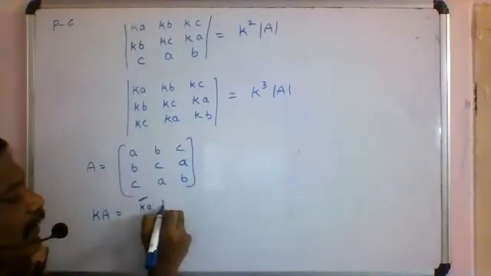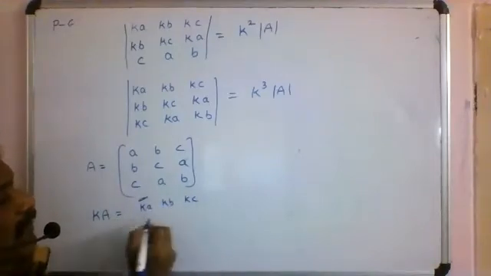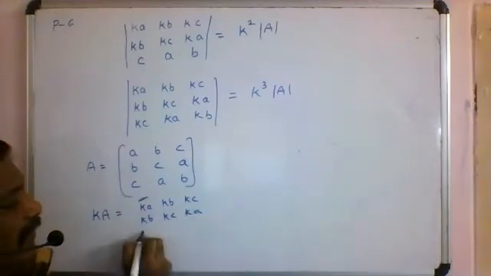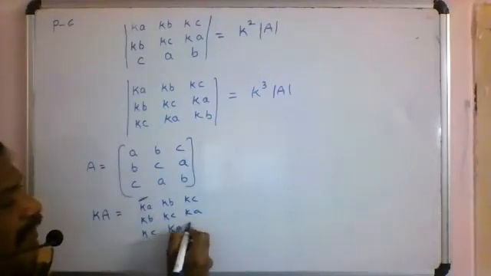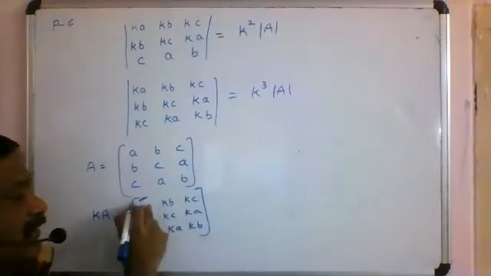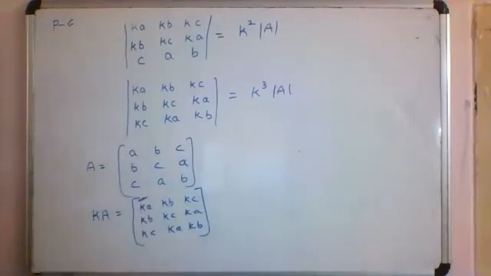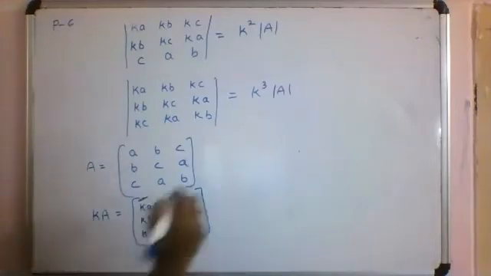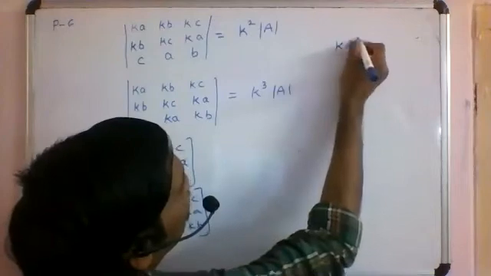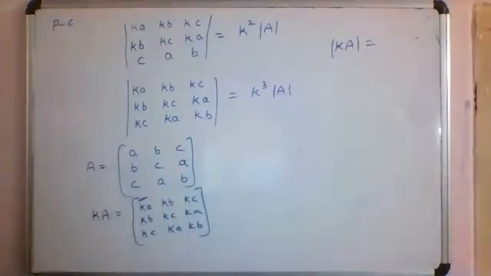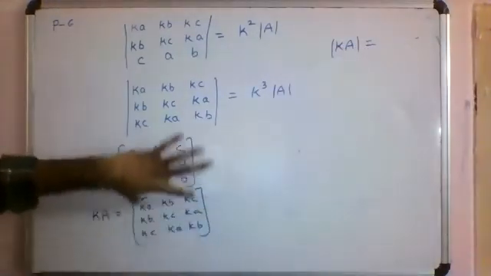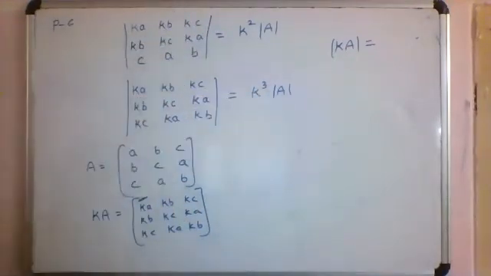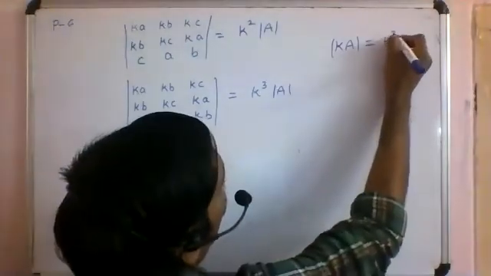It will become KA, KB, KC, KB, KC, KA, KC, KA, KB. Now if I apply determinant to this, its answer is already here. It is K cube, you know? So K cube into det A.